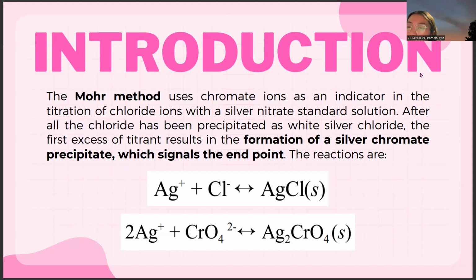Next is 2Ag+ plus CrO4 2-. The product is Ag2CrO4, also known as silver chromate. In the first reaction, the white precipitate is formed. In the second reaction, a brick red silver chromate precipitate is formed, and this is also the endpoint of the titration.